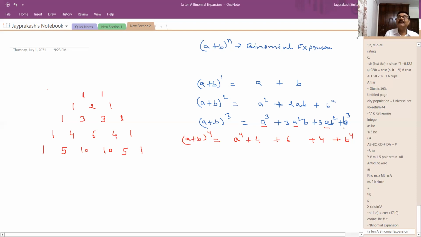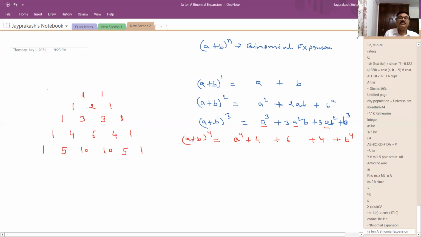Here the power of a is 0. Means when you go rightward, the power of a is decreasing, and at the same time the power of b is increasing. In the first term, the power of b is 0. In the second term, the power of b is 1. In the third term, the power of b is 2. In the fourth term, the power of b is 3.